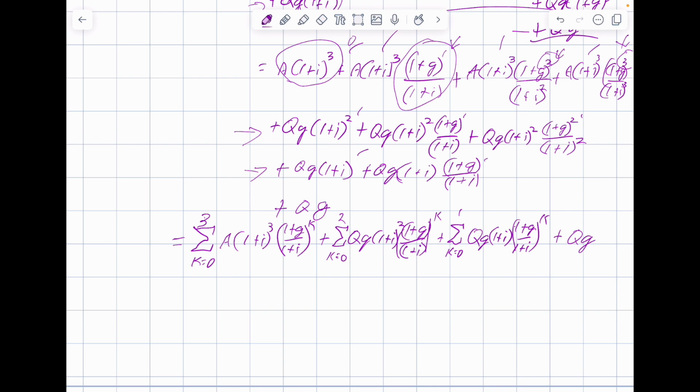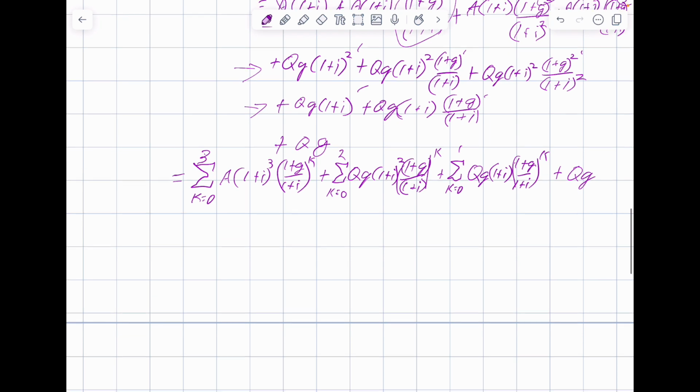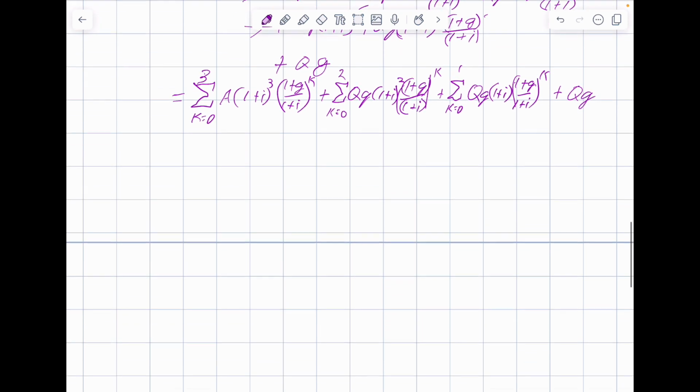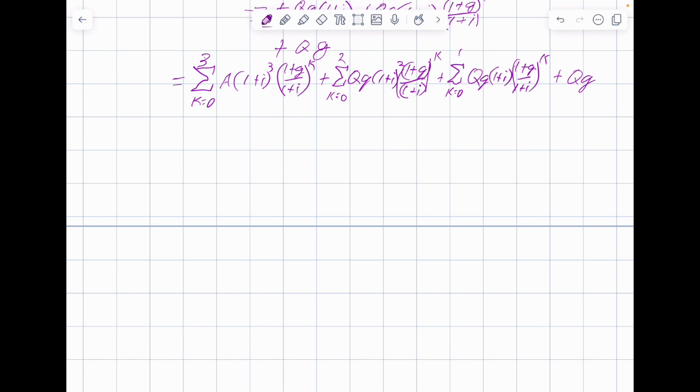Next, we'll use the geometric sum formula to express these summation terms in closed form. You can Google this to find more information about it and how it's derived.